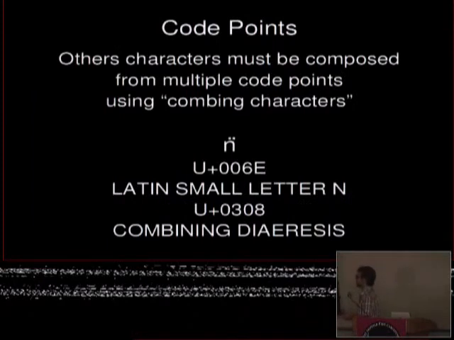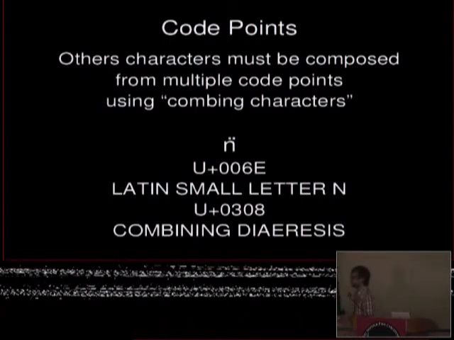So, for example, if you wanted N with diaresis, say you were spelling Spinal Tap, well, that's not in any of the world's languages. So the Unicode Consortium did not take Spinal Tap into favor when defining their character repertoire, and they came up with a solution for combining characters, where you have a base character, just a regular character, followed by 1 or more combining characters. There's actually no limit to it.